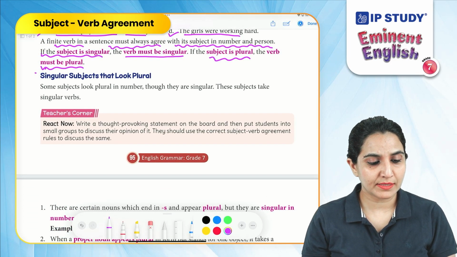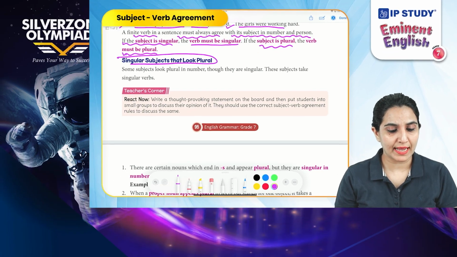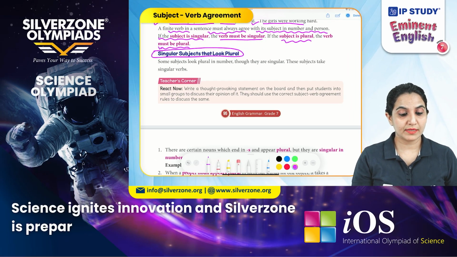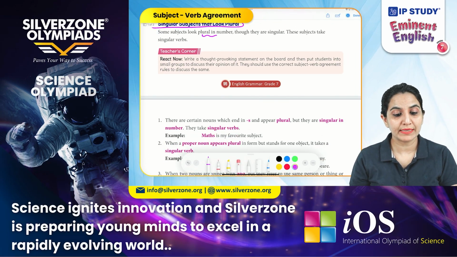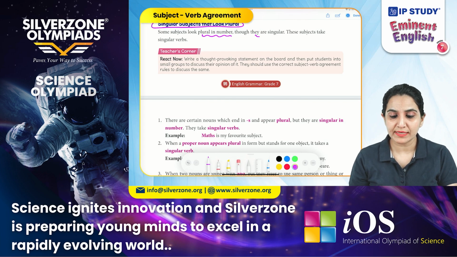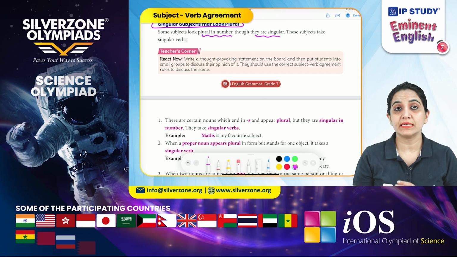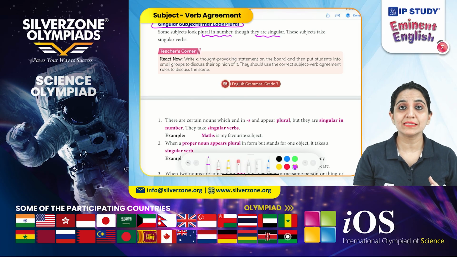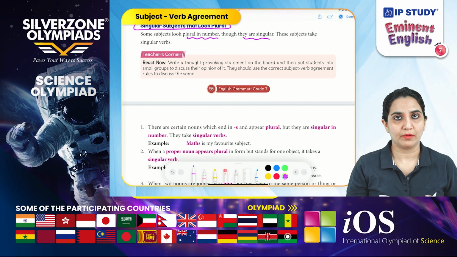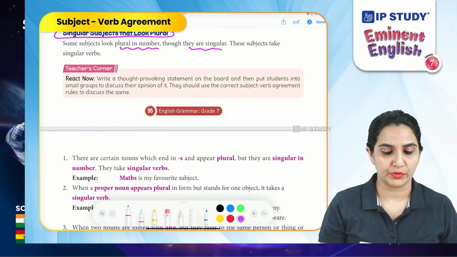Now let's discuss singular subjects that look plural. Some subjects look plural in number, though they are singular. That means these subjects will take a singular verb because they are singular in number, but they just look plural.